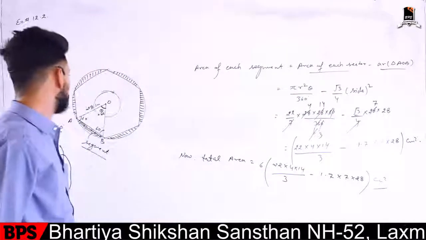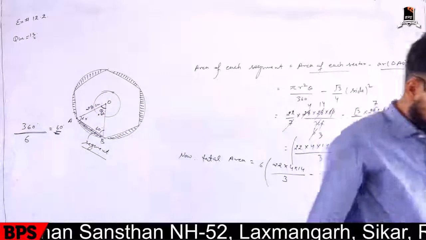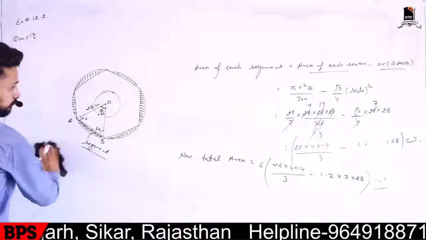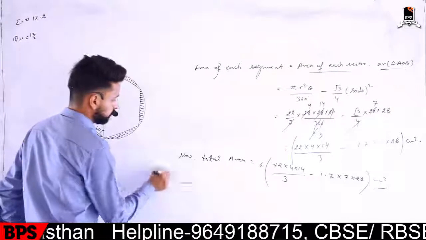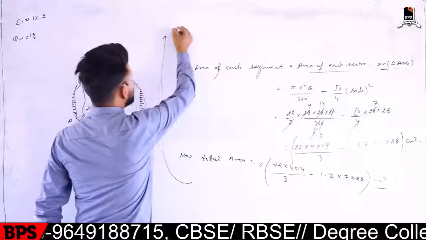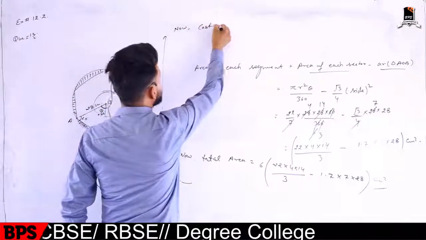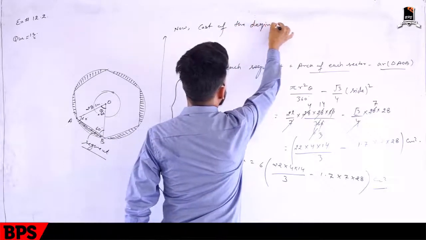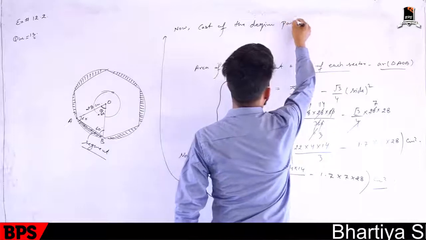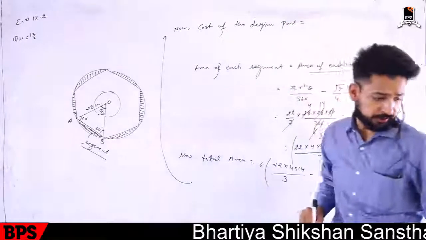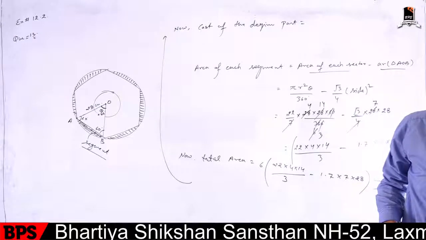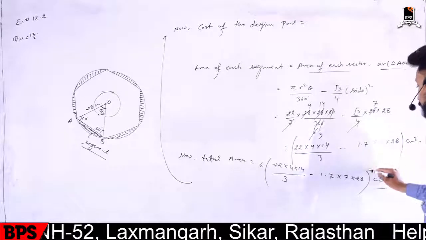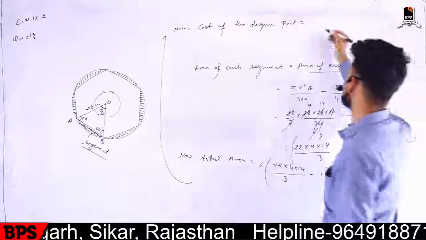Now we have to find the cost of the designing part. The cost of 1 centimeter square is 0.35 rupees, so the total cost of the designing part is multiplied by 0.35.